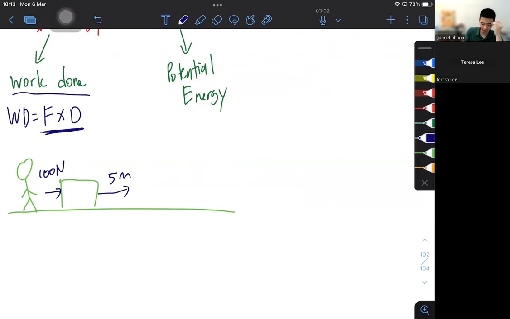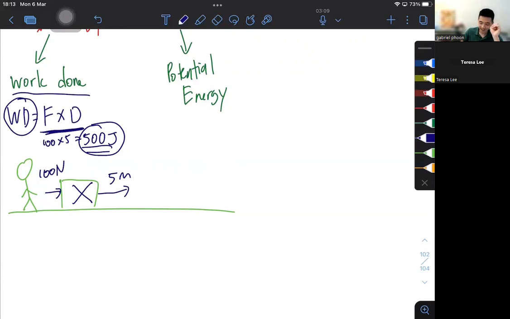And obviously, in this scenario here, it will be 100 multiplied by 5, which will give me 500 joules. It means to say, in order to push this block with 100 newtons by 5 meters, I have to exert a total of 500 joules to get the job done. Essentially, this is my work done to push the block.